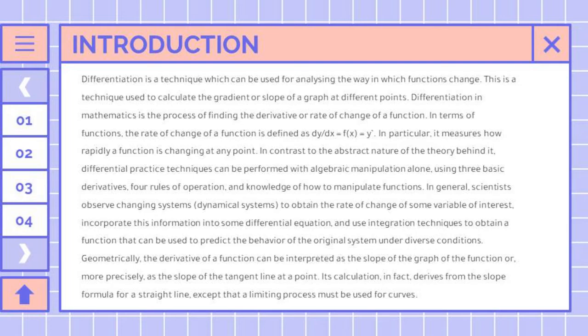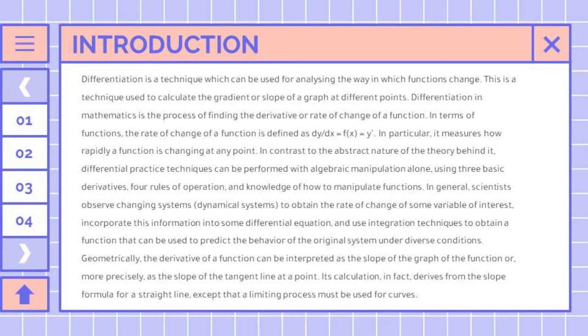In terms of functions, the rate of change of a function is defined as dy/dx equals f'(x) equals y prime. In particular, it measures how rapidly a function is changing at any point. In contrast to the abstract nature of the theory behind it, differentiation techniques can be performed with algebraic manipulation alone, using 3 basic derivatives, 4 rules of operation, and knowledge of how to manipulate functions.